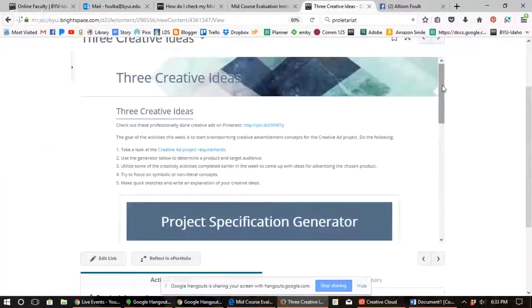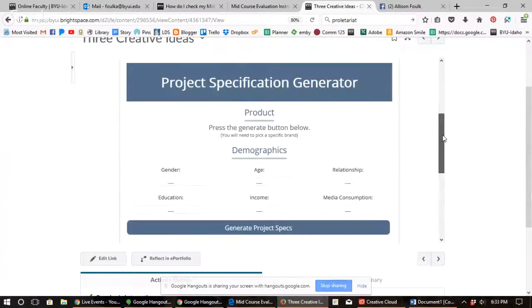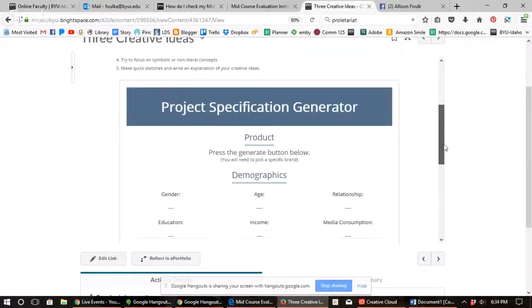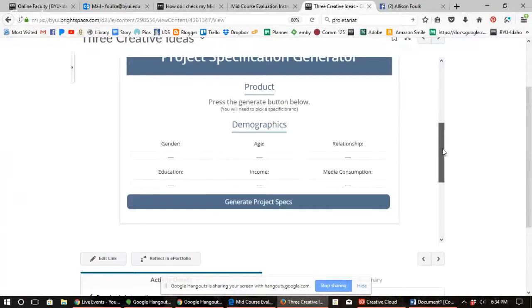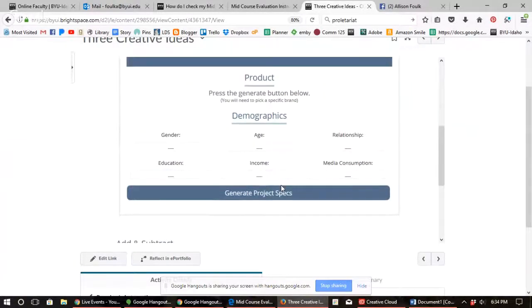And then for the last assignment that is due, you're going to kind of take some of that creativity and use it to come up with a bit of a marketing plan for a specific project generator that you'll use. You're going to click this button. It will give you, oh, see, my product is a pencil sharpener.